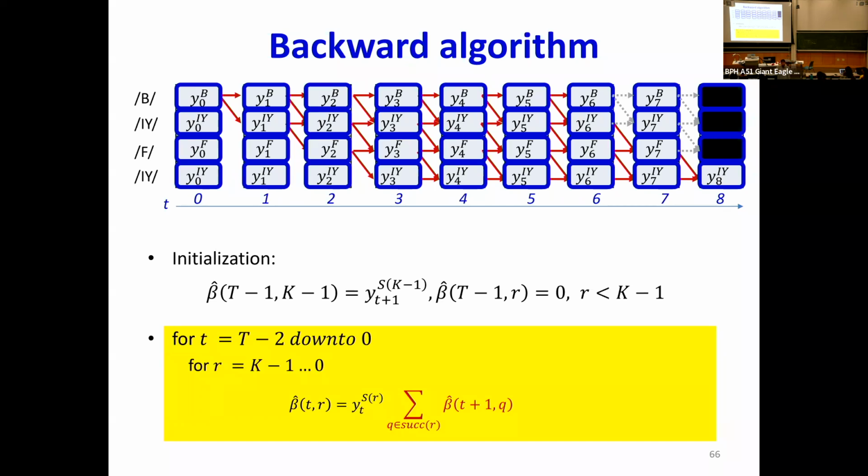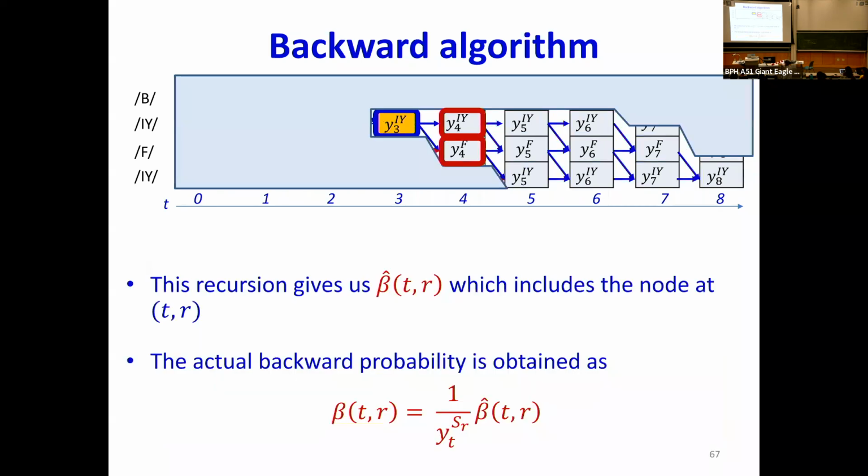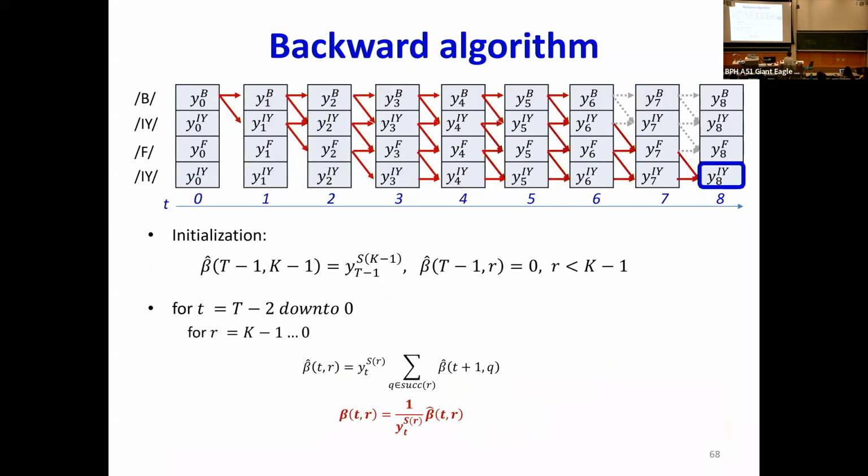But then the beta hat also includes the probability of the node itself, as was pointed out. So I have to divide that out to get the actual backward probabilities for every node. Is this making sense to everybody? Right, okay. And now once I have these, then it's easy, right? So that's your pseudocode, just going back.